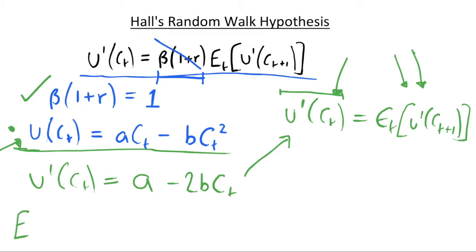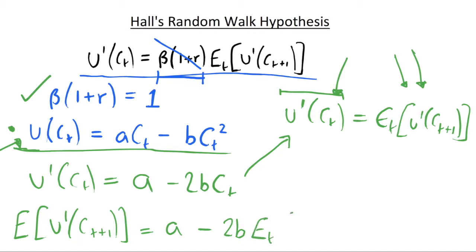I won't go through every line of working here, as it is very similar to what we've done on the previous line, we're just now taking expectations. So again, the c_t plus 1 term we'd have there would cancel out and we would get an a, and again we'd have minus 2b there, but we would have expectations of this final term, which is consumption in time t plus 1. So very similar to above, but we just have expectations and we're in a different time period, and we can now substitute that into the equation.